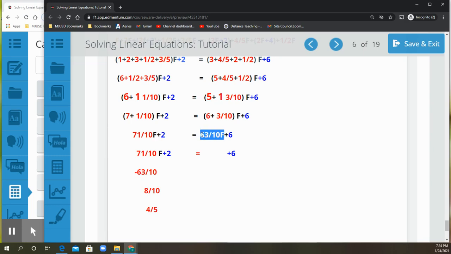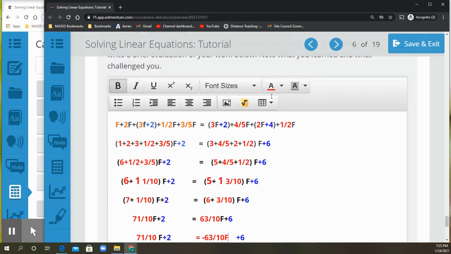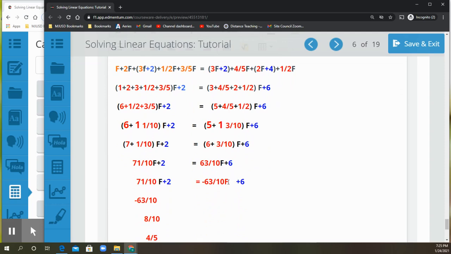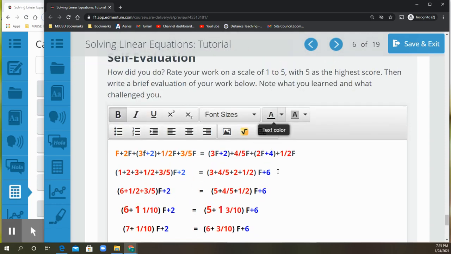So to undo this, we subtract 63/10 f, oops, f, make that black just for giggles. Okay, oops, I didn't make it black.